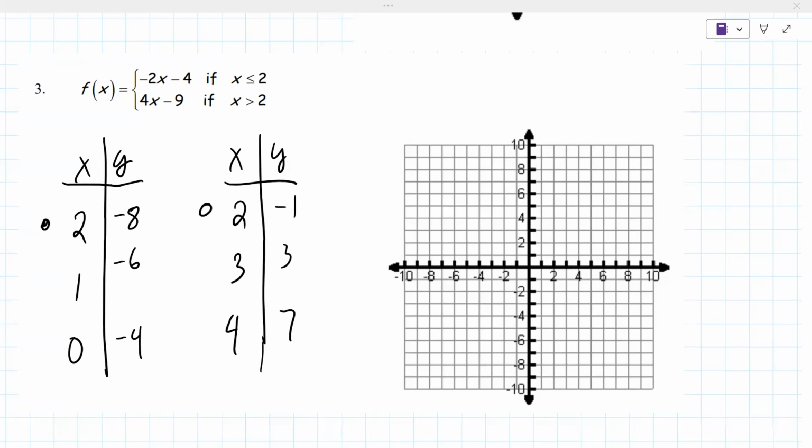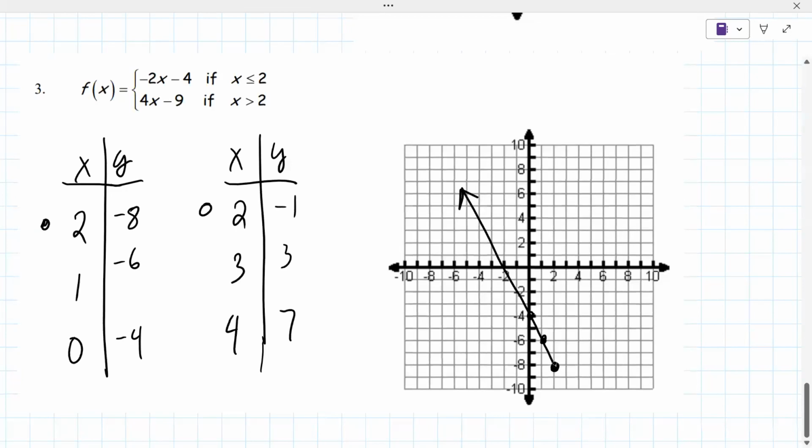All right. I think I got it. So I'm going to graph this here, 2, -8. That's that way. 1, -6, 0, -4. So it's going to the left.